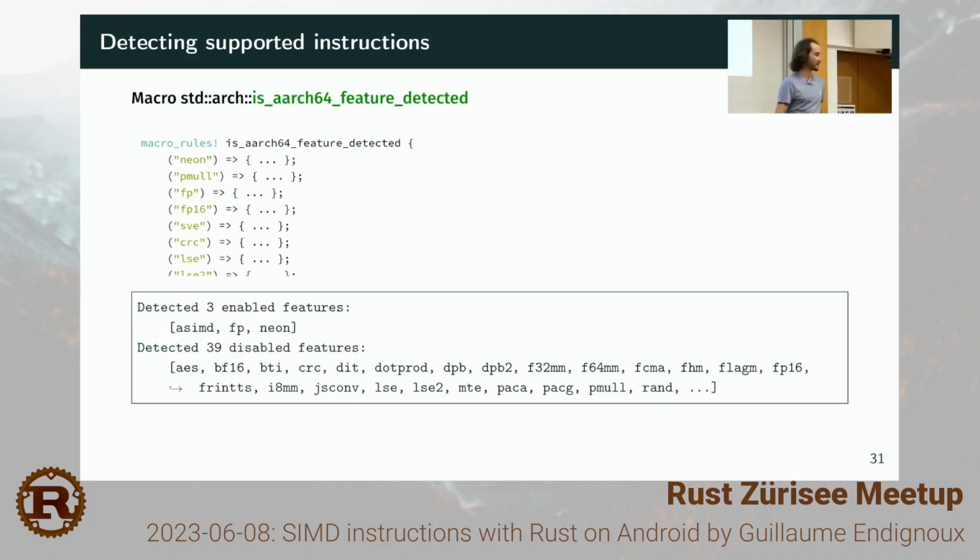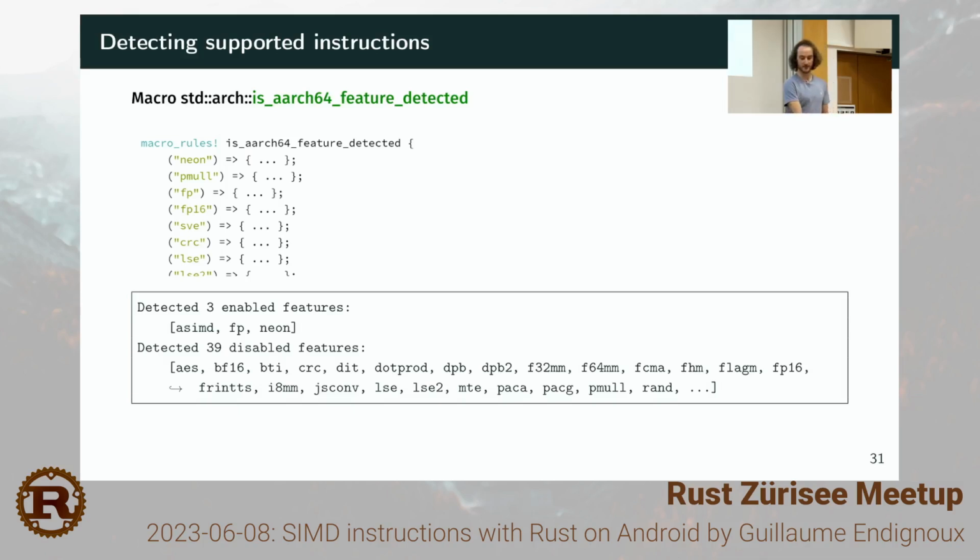I didn't prepare a slide for it, but it turns out that each, let's say, Rust target triple, which is the combination of the OS and the CPU architecture and things like that, can already define some baseline features.